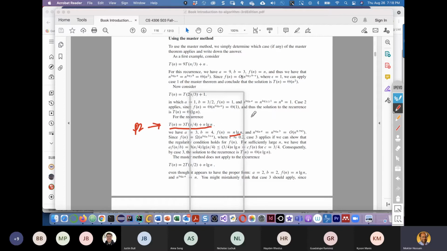So here now we see that n to the log b a equal to n to the log, what is b value here? 4. And what is a value here? 3.